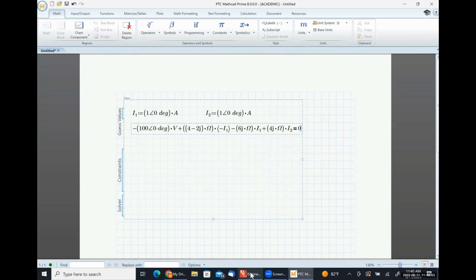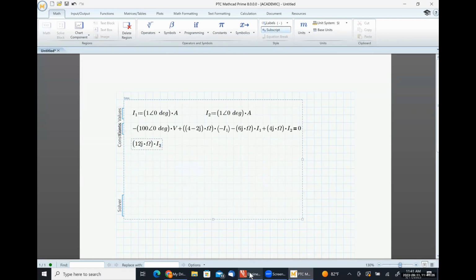All right, so let's go to our second equation where we're putting in V2. Times I2, yes. So shift W so that you get uppercase. Any other MathCAD questions?